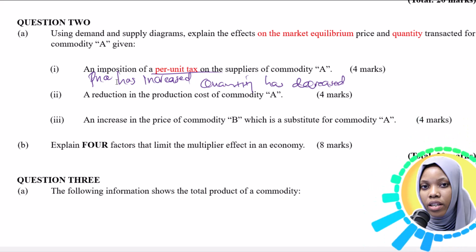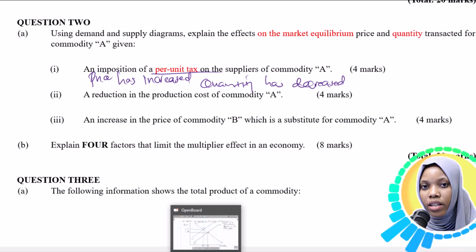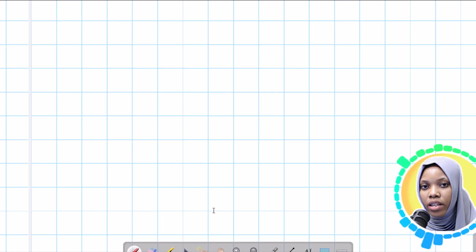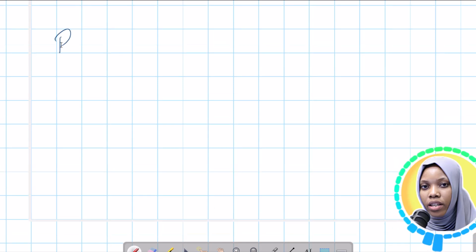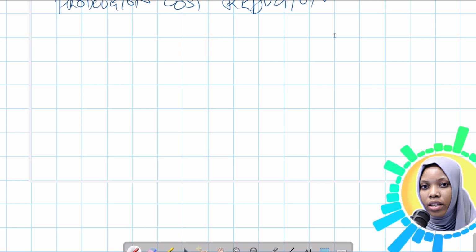Now let's go to Roman 2, where we are required to draw a diagram on a reduction in the production cost of a commodity. What is likely going to happen when we reduce production cost? How is it going to affect our equilibrium price and quantity?